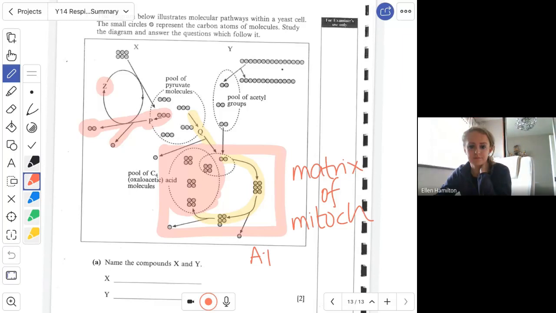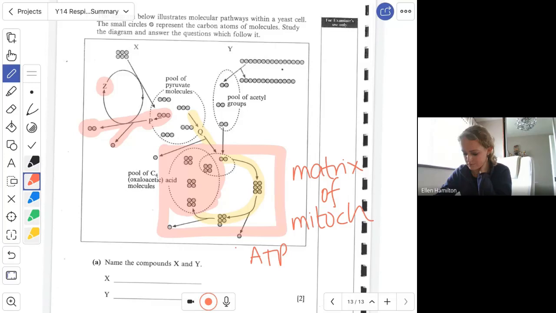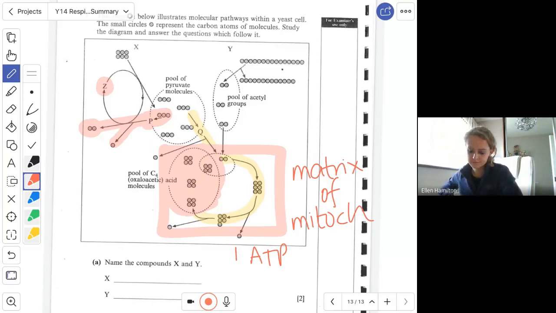So you will get 1 mark for saying that. What are the other 3 marks for? Well, and this is a very common type of question. You have to remember that in aerobic respiration, so where you've got the Krebs cycle, the link reaction and so on, most of the ATP is made in the electron transport chain. And that's really what most of your answer has to be about.